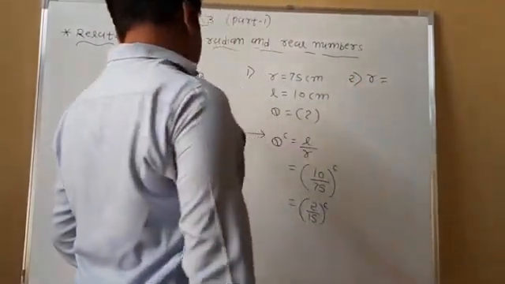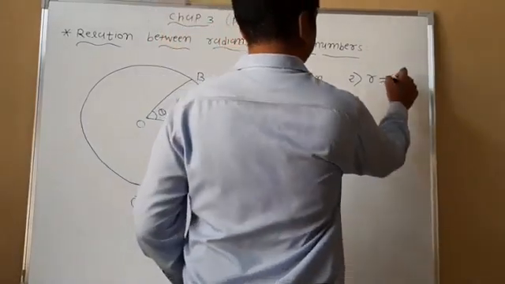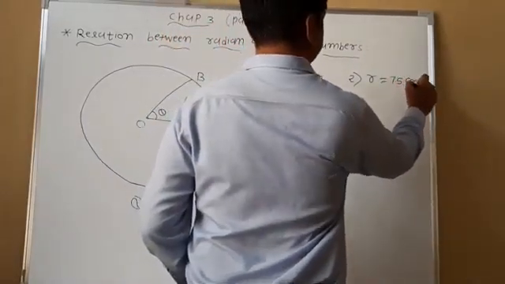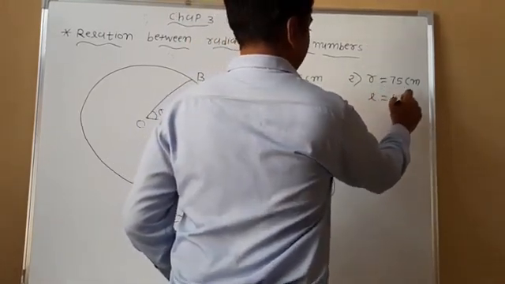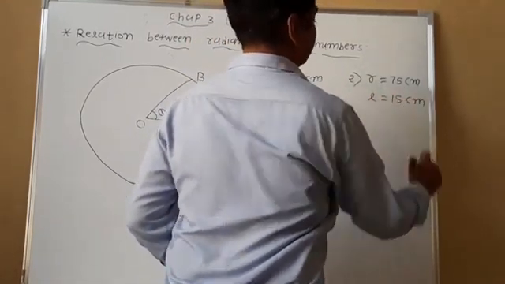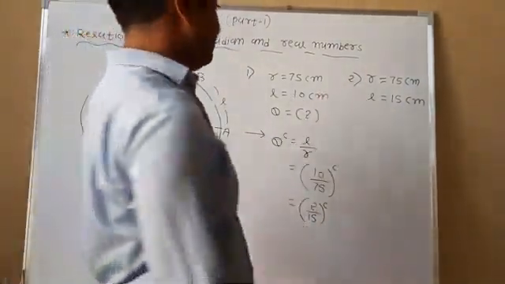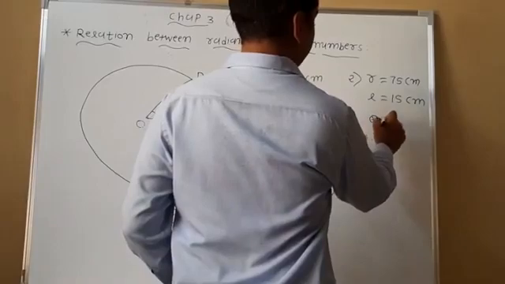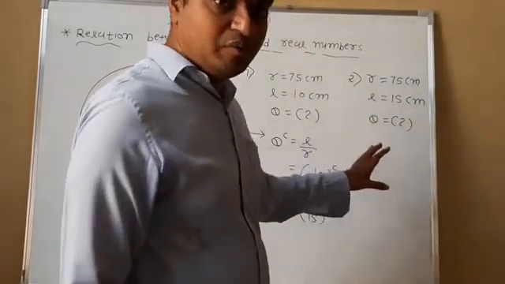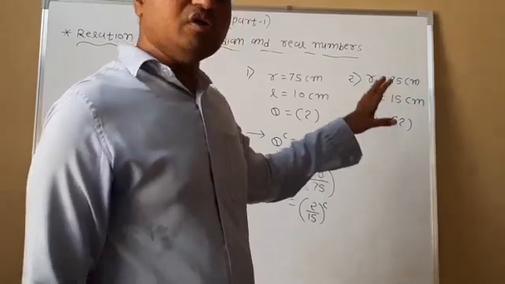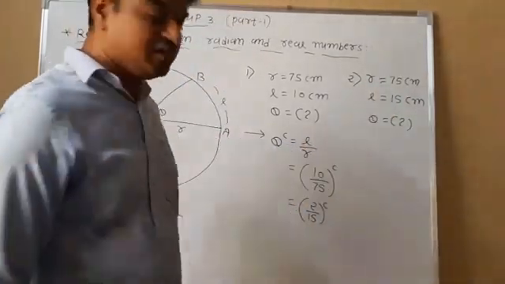Second question: radius R is given as 75 centimeter, length L is given as 15 centimeter, and our question is to find the value of theta, means find the angle theta. But again here we find it in radian form, so we cannot convert into the degree form. So again the same result applies here.